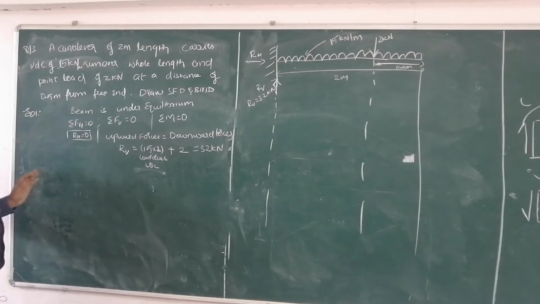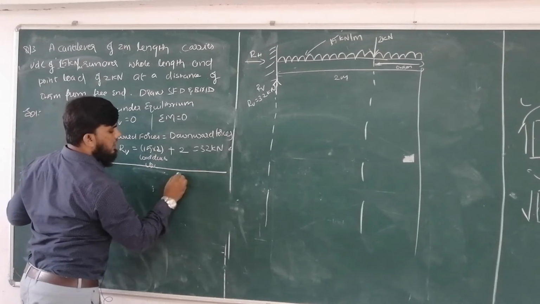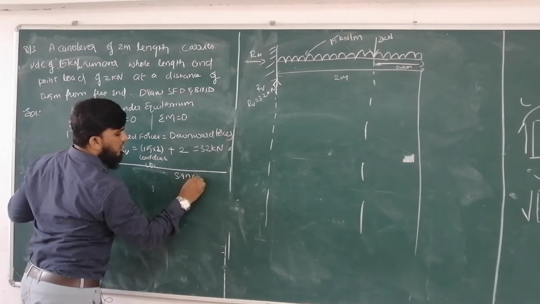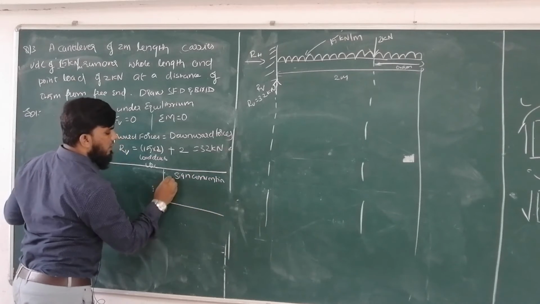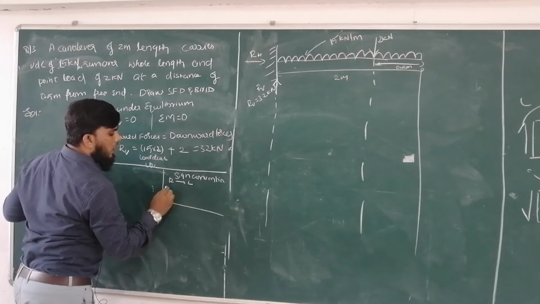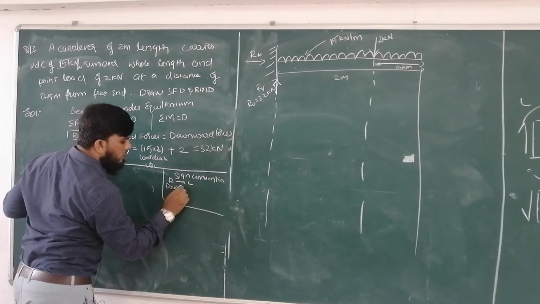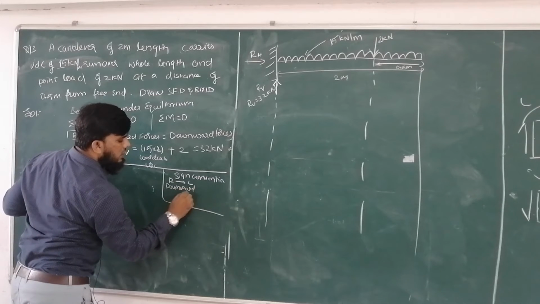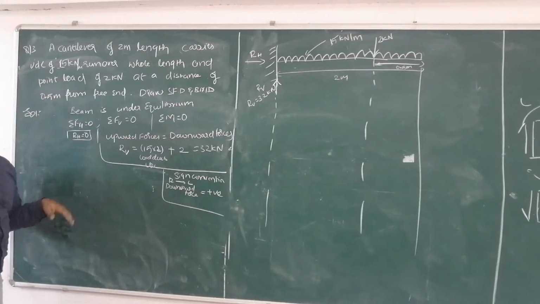As soon as you complete this, you write the sign convention. What is the sign convention? Since you are solving from right to left, you have to take downward force as positive.